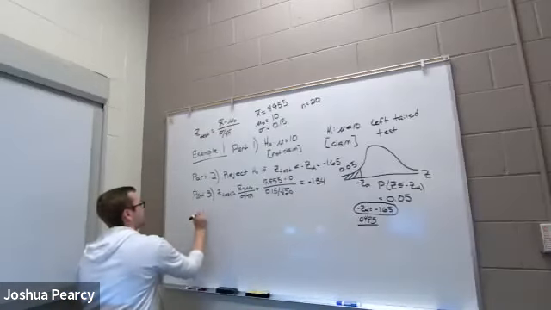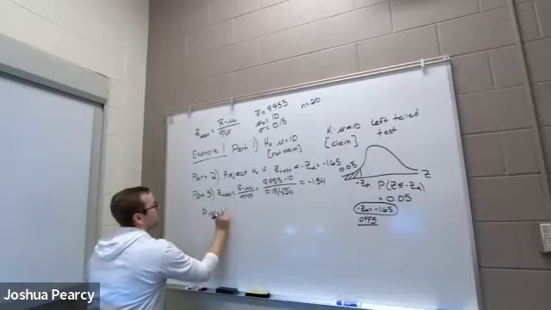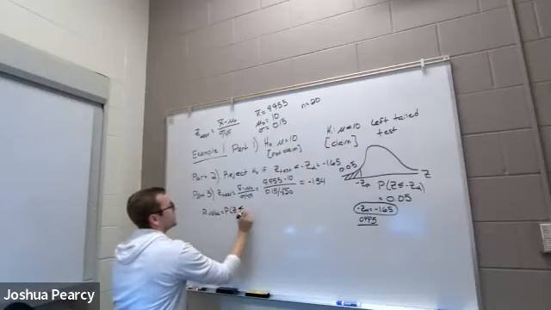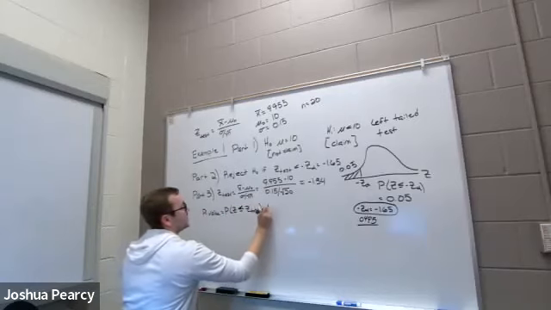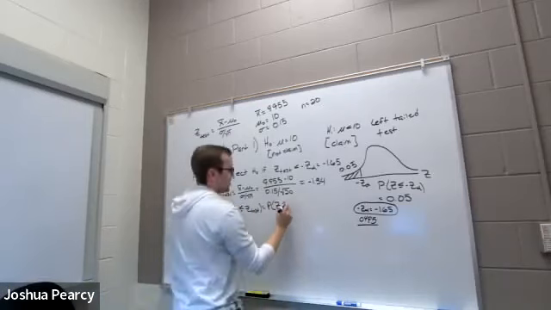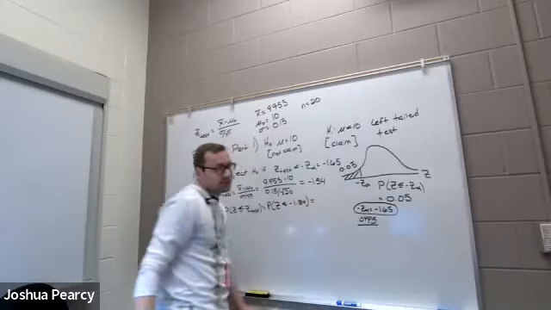Then the p-value is equal to the probability of getting a z-score less than or equal to z-test, which is equal to the probability of z being less than or equal to minus 1.34. Someone tell me what that area is.